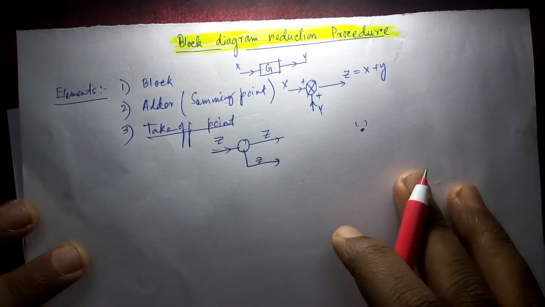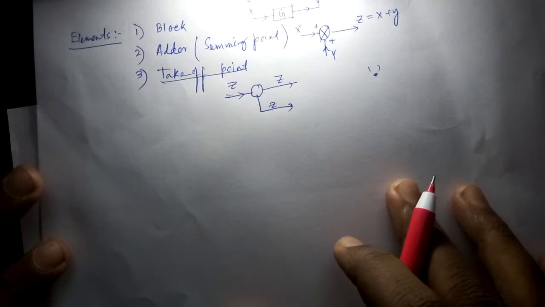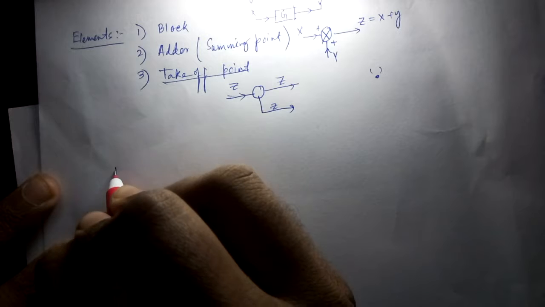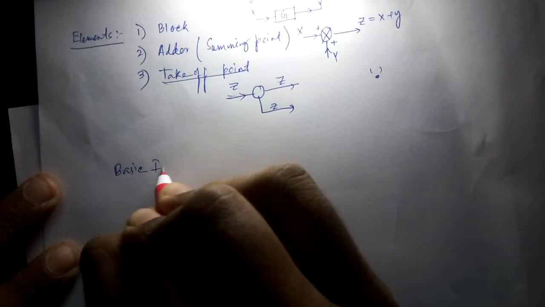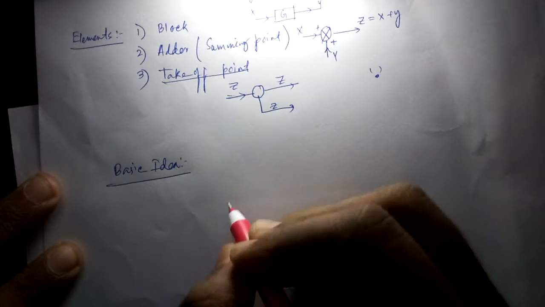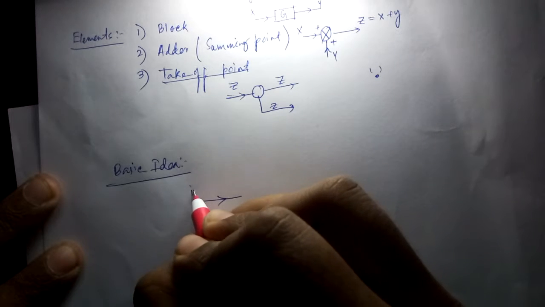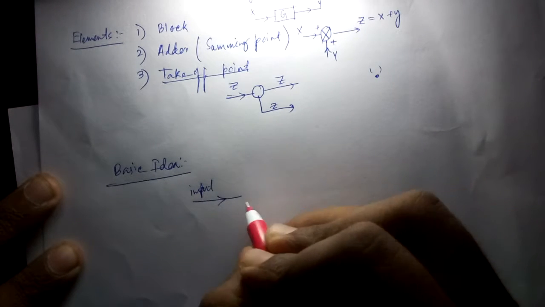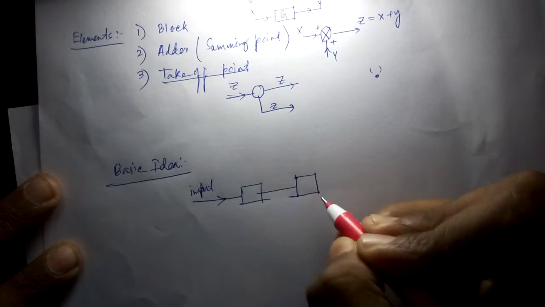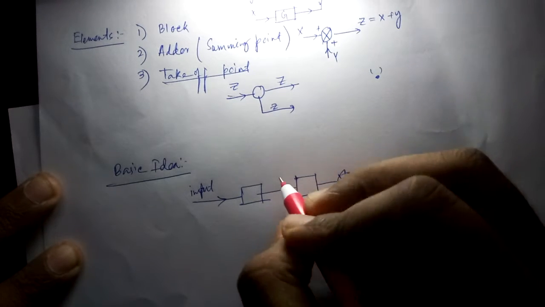Now there are some procedures to reduce the block diagram. Let's take an example of the basic idea. Here is the input and there are many plants or systems like this.